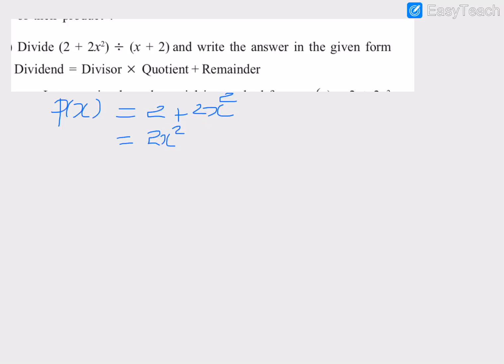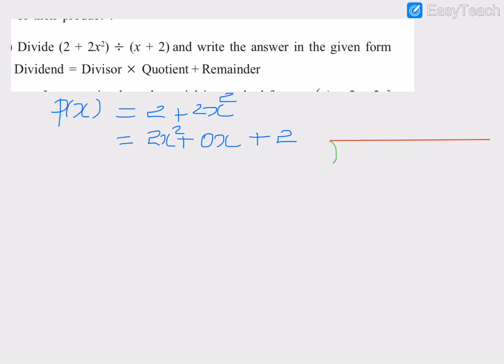You cannot see an x term in this polynomial, so we write it as 0x, that means 0 into x is 0. The constant term is 2. So we write the polynomial as 2x square plus 0x plus 2. This is the standard form of this polynomial.